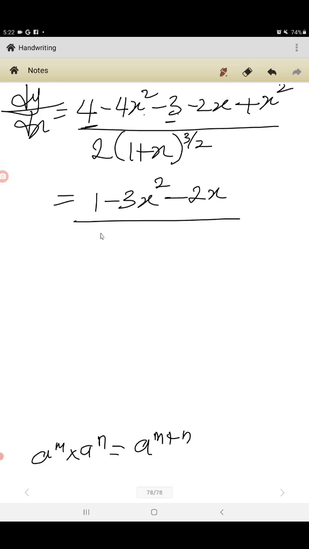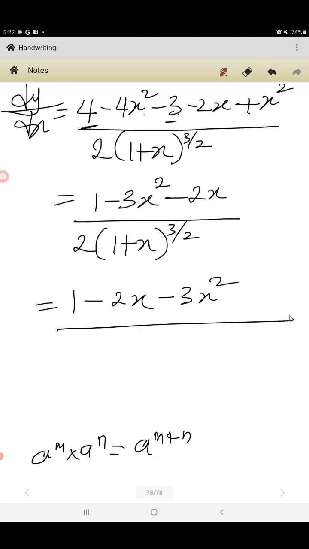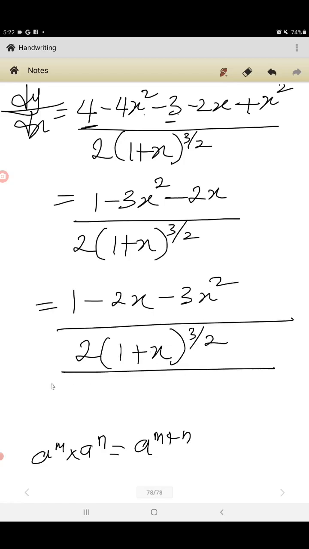All over 2 bracket 1 plus x all over 3 over 2. So let's just try to rearrange it better. 1 minus 2x minus 3s squared all over 2 onto 1 plus x onto 3 over 2. This is just the answer for y with respect to x. That is how we solve it, the quotient rule.